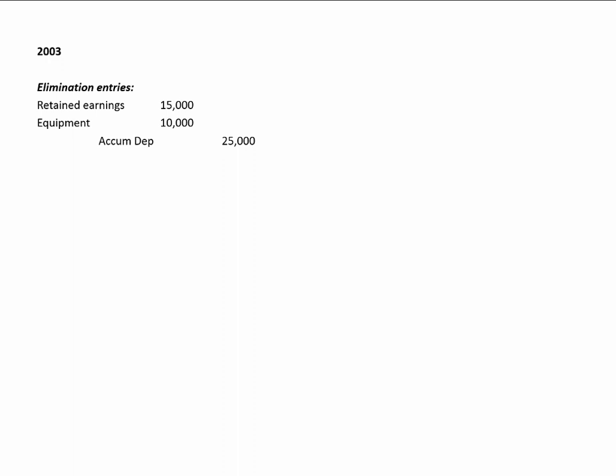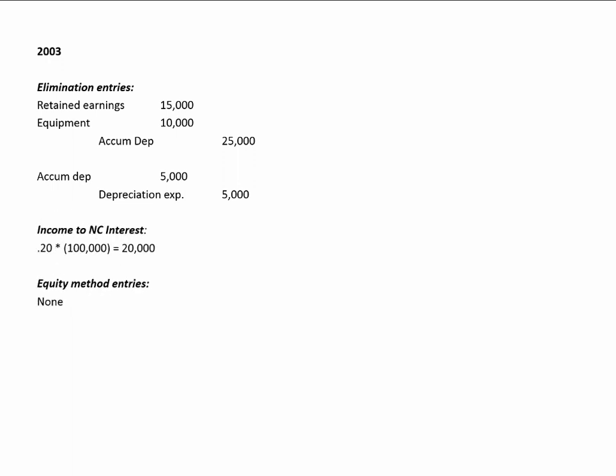Just to recall, back in 2002, we credited accumulated depreciation for 30, and then we debited it for 5 when we adjusted depreciation expense. So we're carrying forward 25,000, and again we adjust our depreciation expense. The income to the non-controlling interest and the equity method entries, again, same as previously.